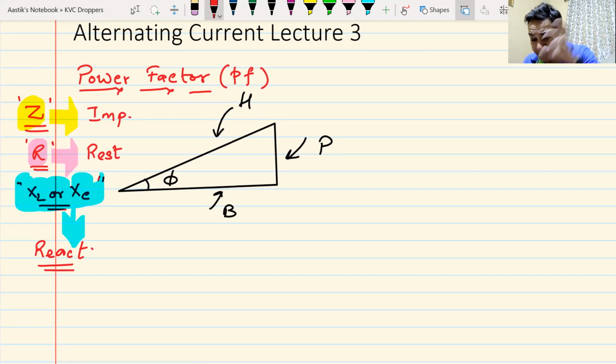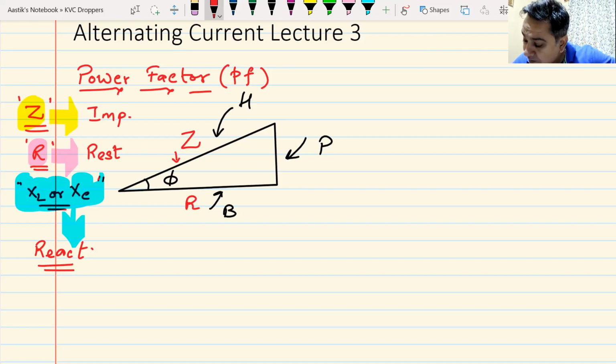Now, these three quantities are related to each other by a triangle, right angle triangle. Now, how are they related? Your Z is your hypotenuse here. The impedance is the hypotenuse here. The resistance is your base here.